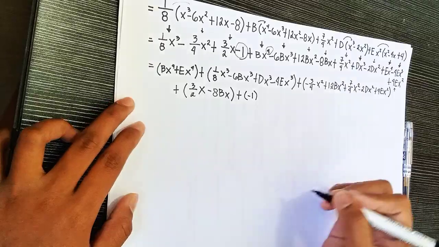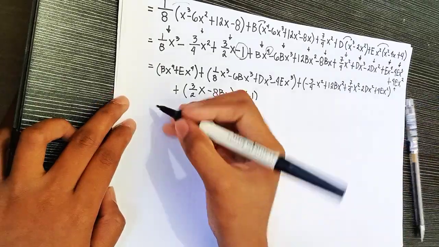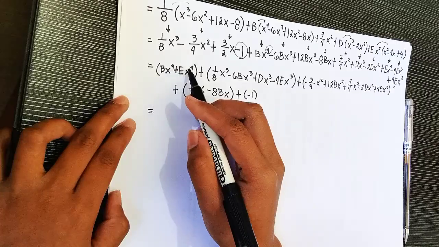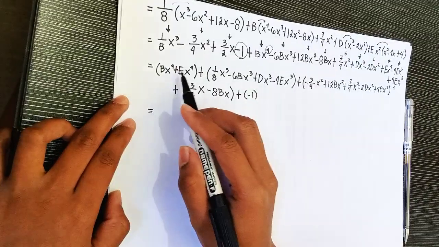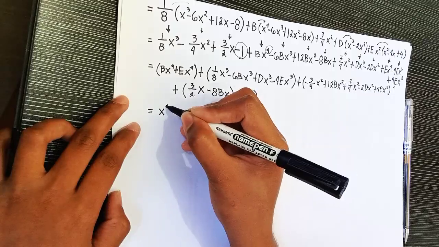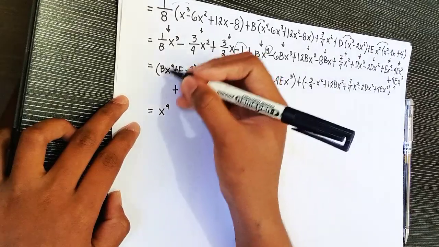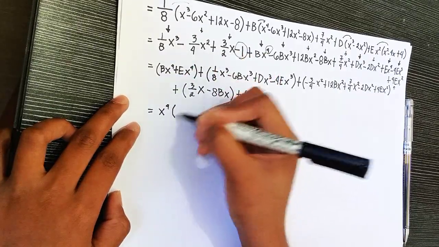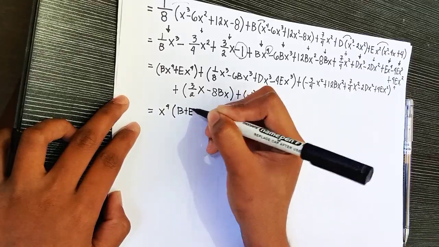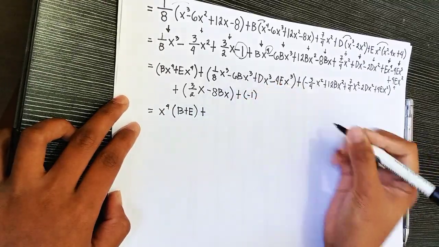So, negative 1 lang. Ngayon, ang gagawin naman natin is ilalabas natin si x raised to 4 since pareho naman silang may x raised to 4. So, parang ipa-factor lang natin siya. So, ilalabas natin si x raised to 4. So, ang matitira na lang dyan is we have b plus e. So, same lang.